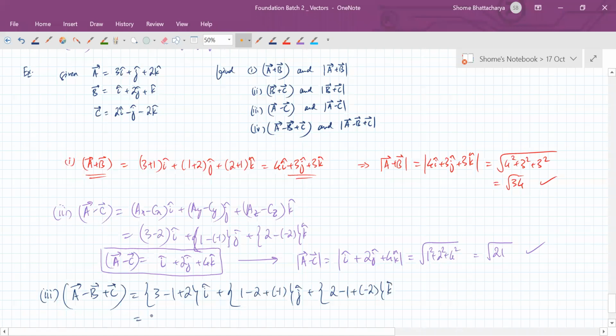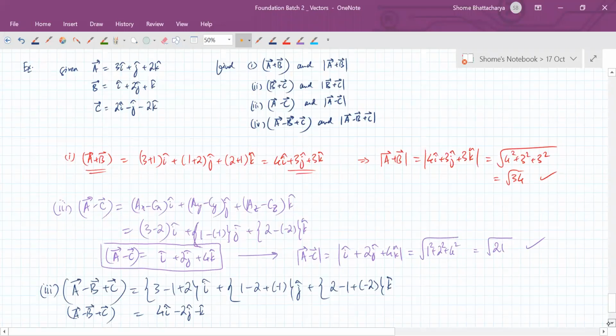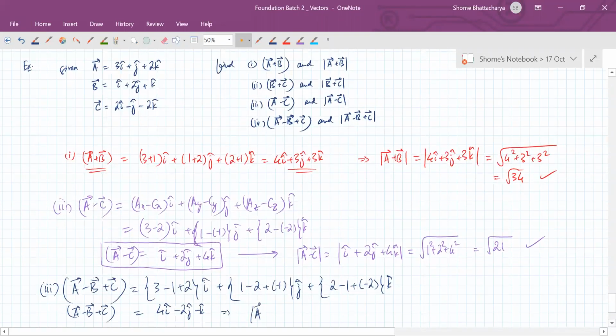Okay, so next step this becomes 4 I cap, this becomes minus 2 J cap, and this becomes minus K cap. So this becomes this vector A minus B plus C. So further, the magnitude of this vector becomes magnitude of 4 I cap minus 2 J cap minus K cap, which you can work out will be the same as root 21.